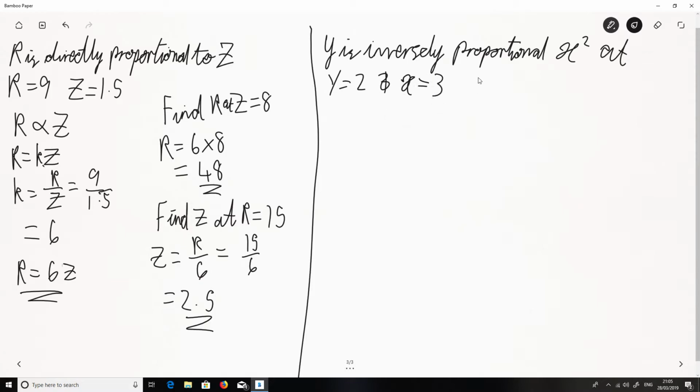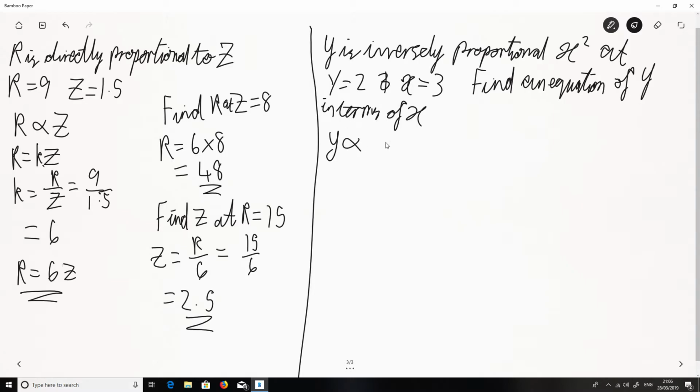It wants us to find an equation of y in terms of x. So all we need to do this time, we say y is proportional to k over x squared.